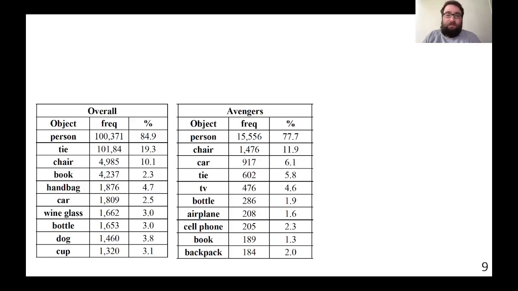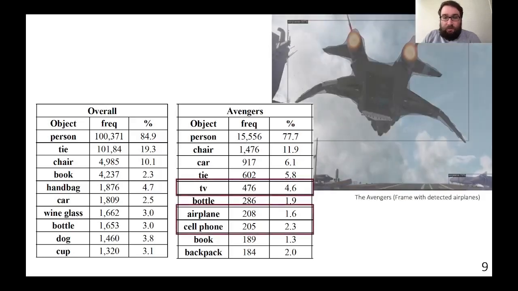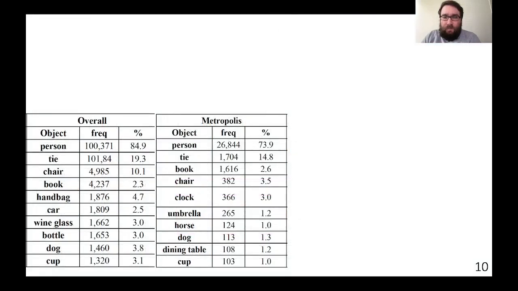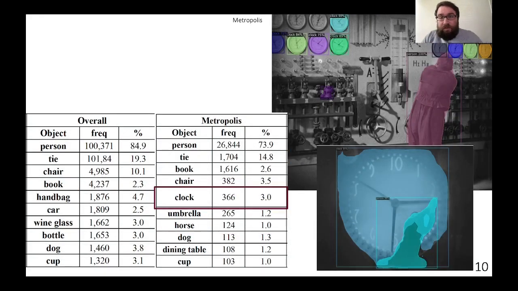For example, for the more modern movie The Avengers, we identified that this is one of the few movies including modern objects representative for the movie, like TVs, which are oftentimes laptops or computer screens, but also cell phones, or as you can see here in this example, airplanes, which are not detected in the other movies. Another example is the movie Metropolis, which is the only movie in which we find clocks as a rather frequent object.